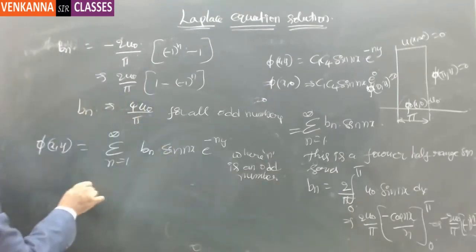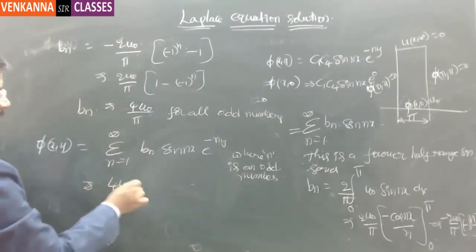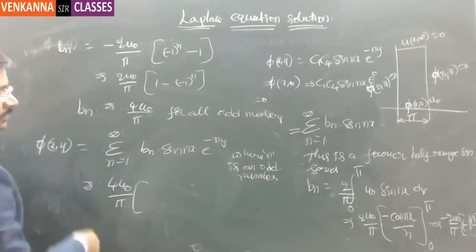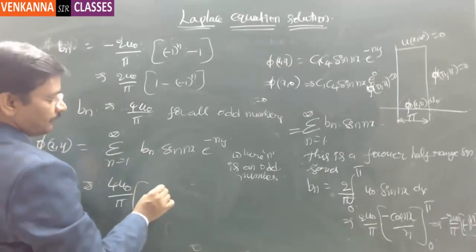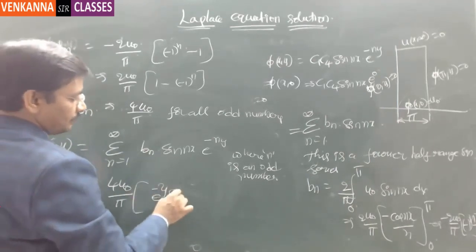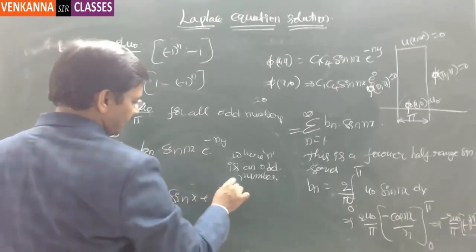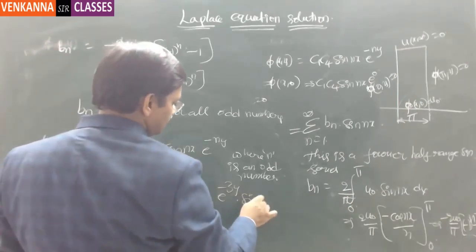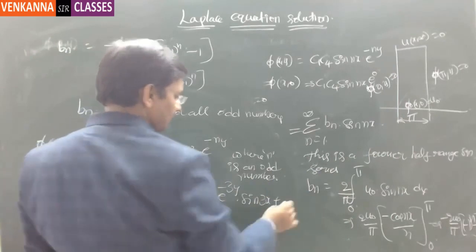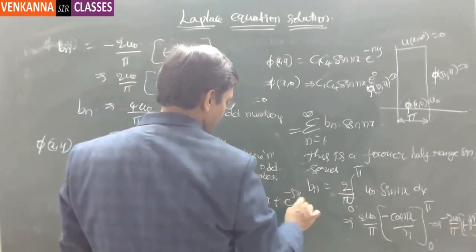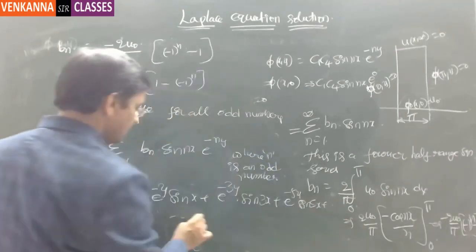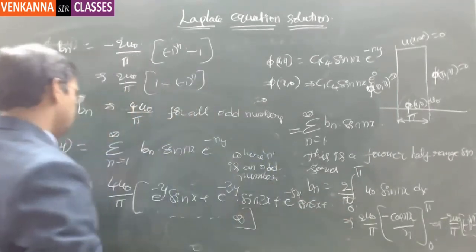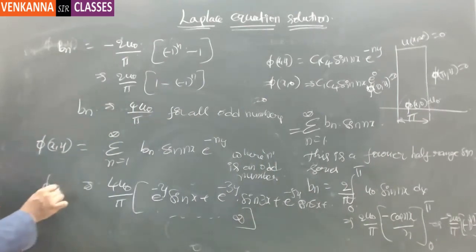So this can be written as 4 u naught by pi, if you take it out, e power minus y into sin x plus e power minus 3y into sin 3x plus e power minus 5y into sin 5x plus dash dash dash up to infinite. So this is the kind of variation you are going to get at any instant, the temperature value. Got it?